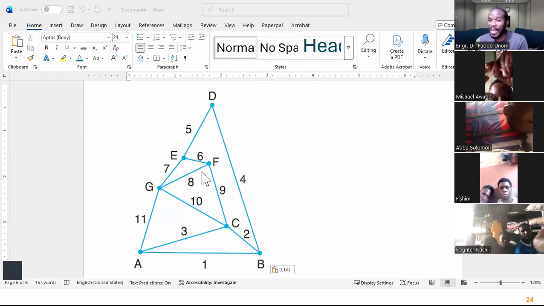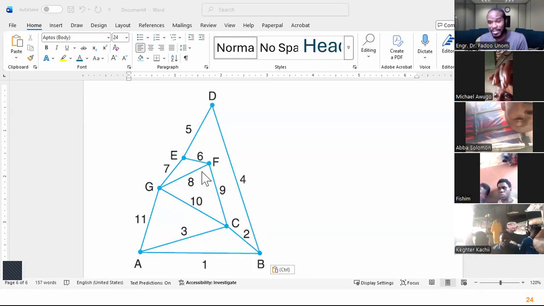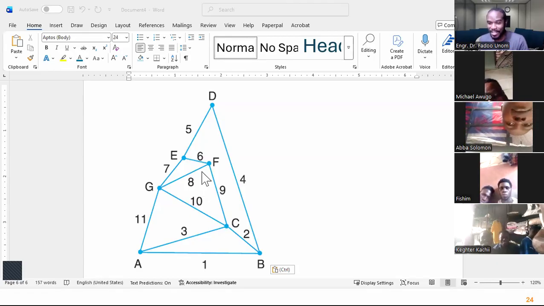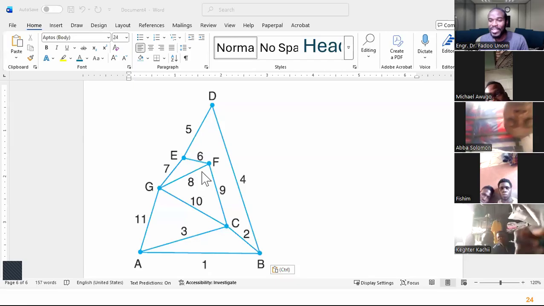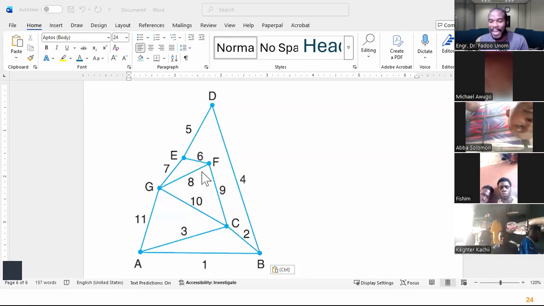So how many binary joints are there? 2. So we add 2 to 13. How many binary joints do we have altogether? 15. Our J is 15. There are 15 binary joints in this arrangement.